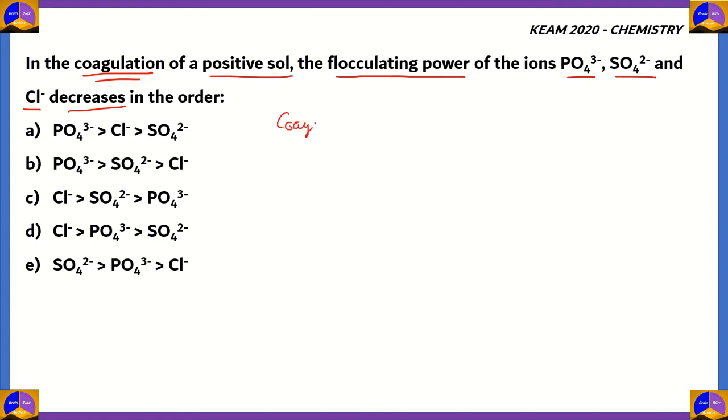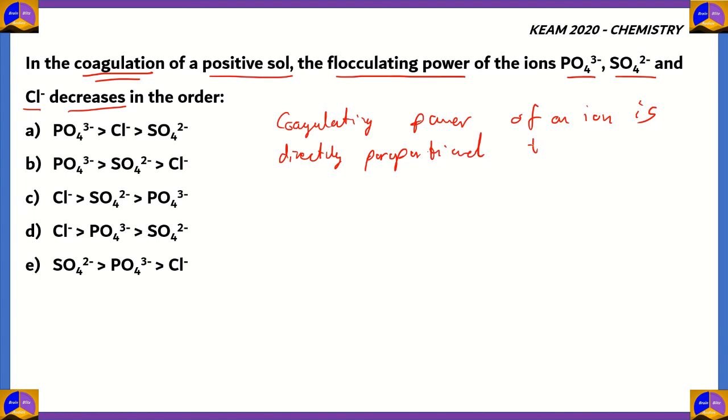When you're talking about coagulation, the coagulating power of an ion is directly proportional to its valency.